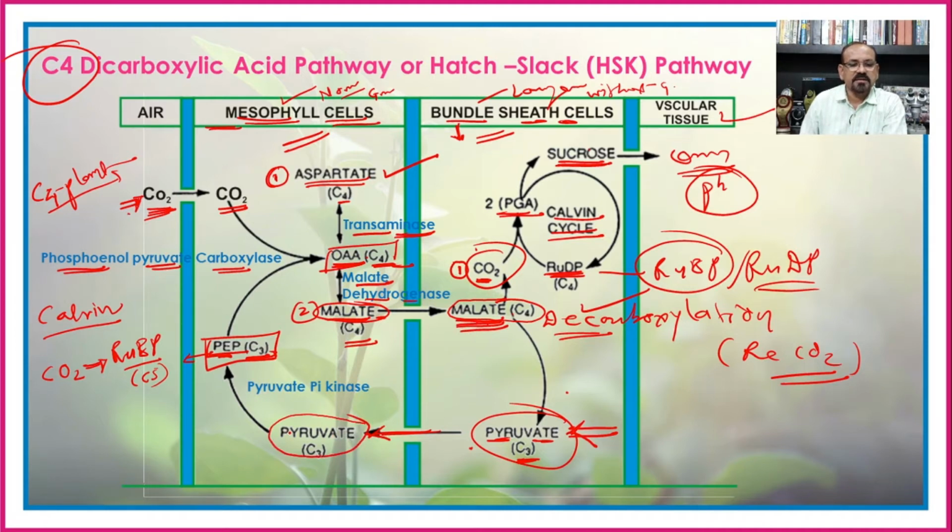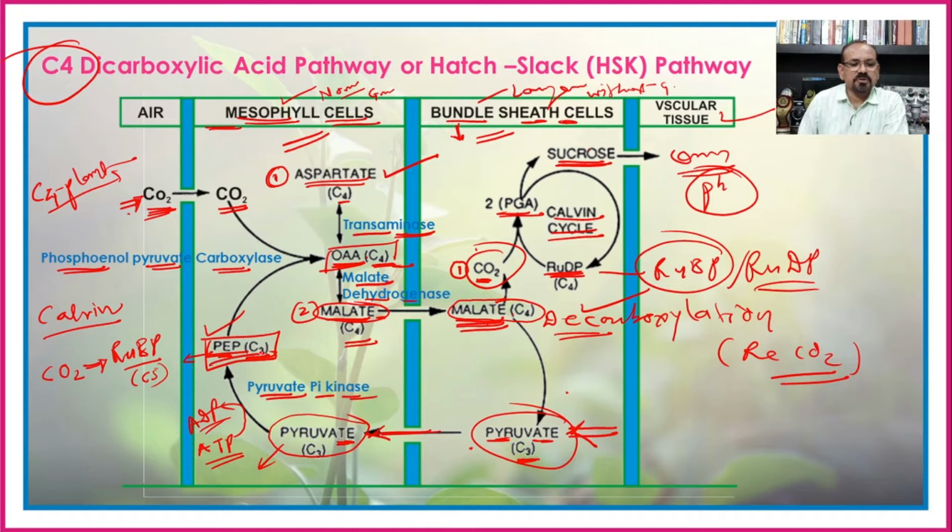In the mesophyll cell, this pyruvic acid is phosphorylated in presence of pyruvate inorganic phosphate kinase. During this process, one ATP molecule is utilized, which converts into ADP and inorganic phosphate, and the pyruvic acid forms phosphoenol pyruvic acid.